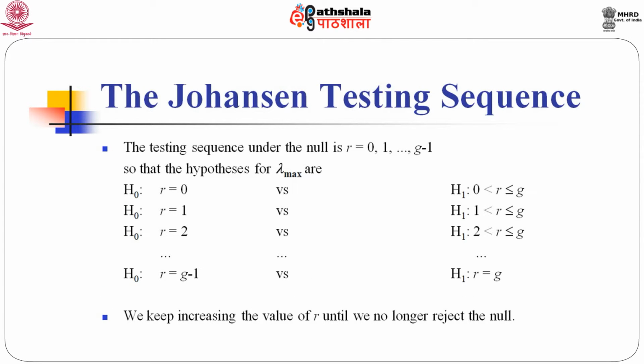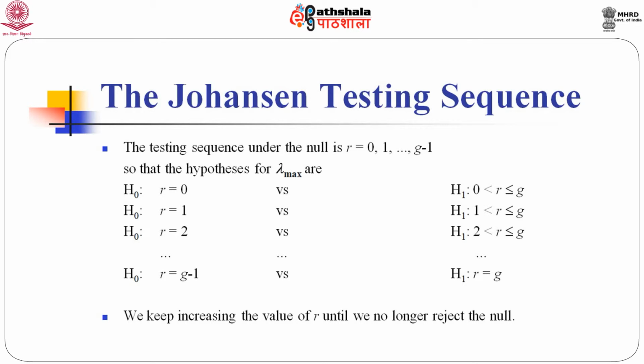First, we test whether r equals 0, 1, etc., up to g minus 1. So, the hypotheses for lambda max are: H naught r equals 0 versus H1 r lying between 0 and g; r equals 1 versus H1 r lying between 1 and g; and r equals 2 versus H1, where the rank of the matrix or the cointegrating relationships lies between 2 and g.